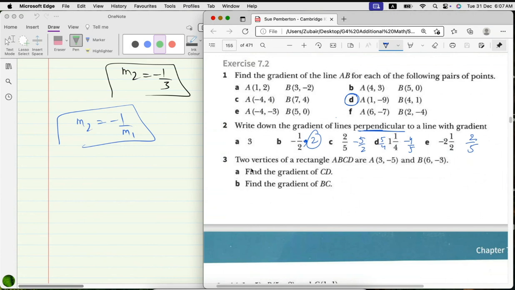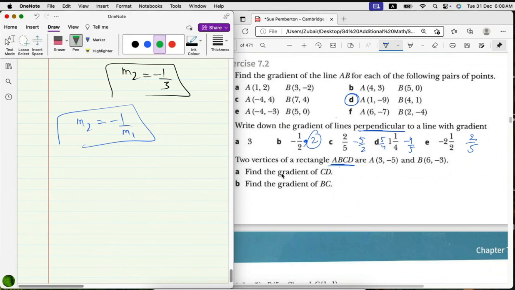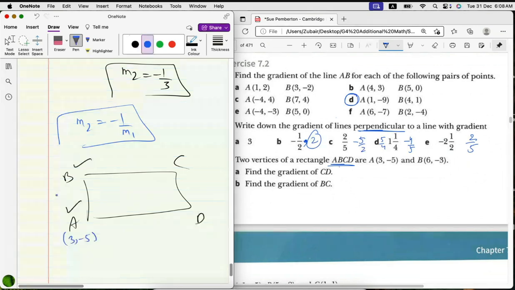See question 3. Two vertices of rectangle ABCD are A and B. Find the gradient of CD. They would always follow a clockwise or anti-clockwise direction. So if A, B, C, D, I'm just roughly writing this, A is 3 comma minus 5 and B is 3 comma minus 3. It says find the gradient of CD.